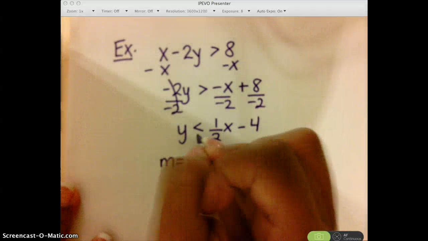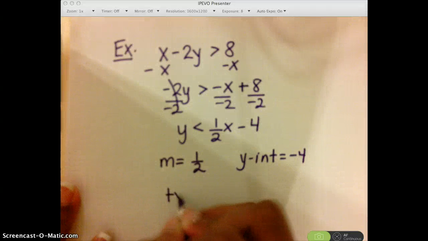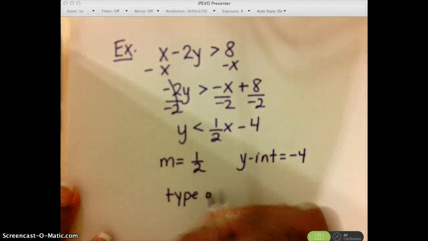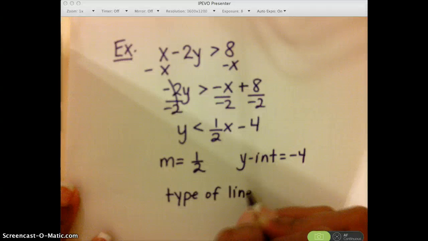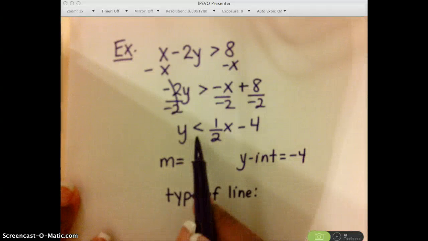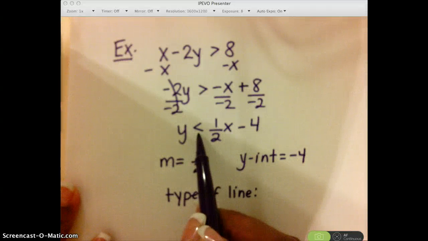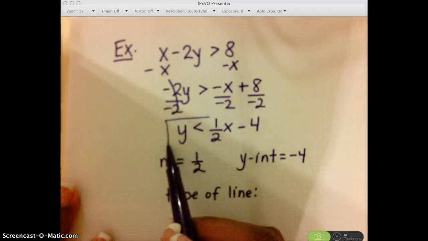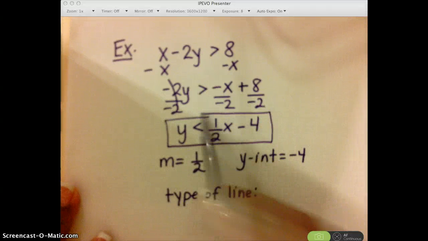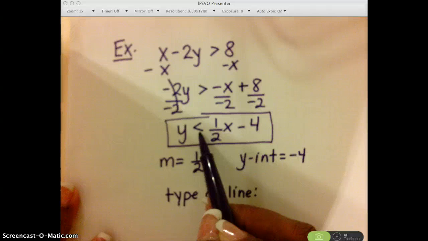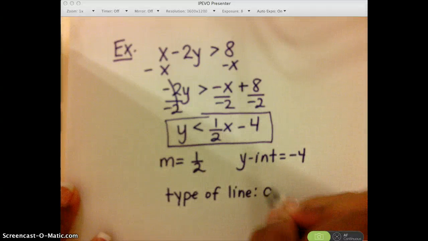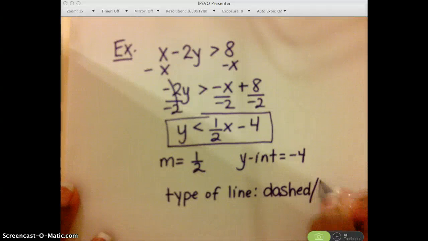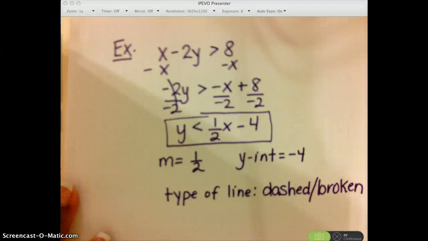Now, based on my inequality, let's decide the type of line. Okay, my inequality is less than. All right, this is the one we're going to use to determine how to shade. This is less than. There's no line up under it, so we're going to use a dashed or broken line, however you want to refer to it.